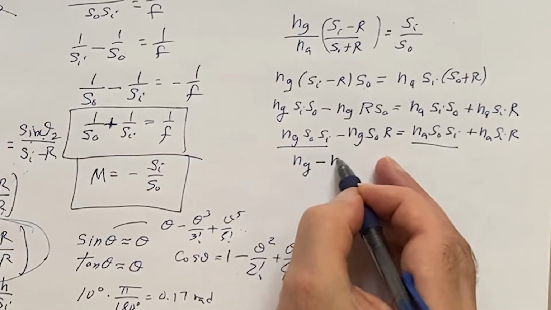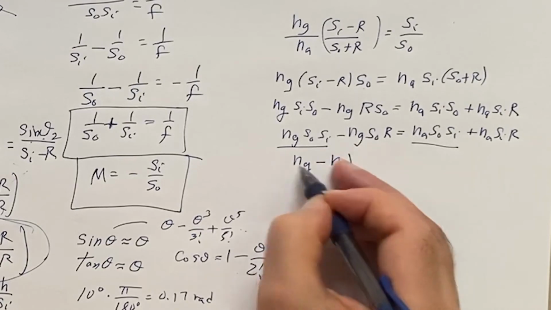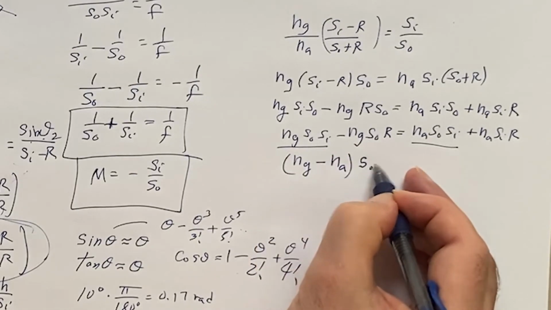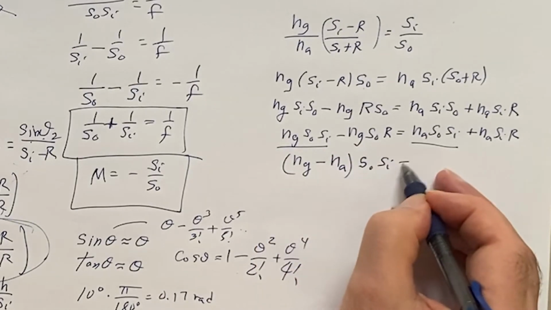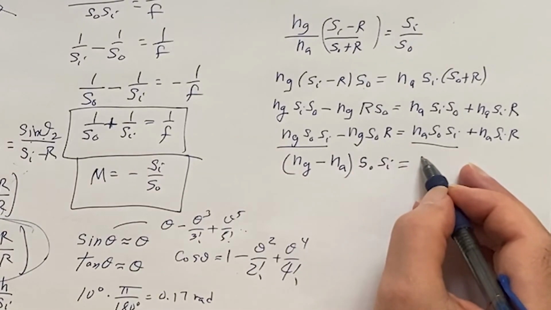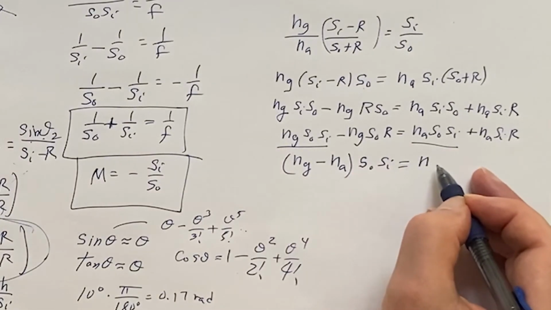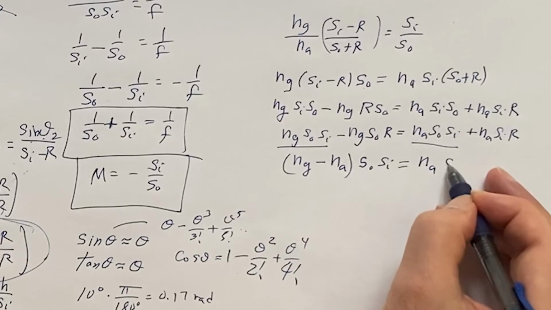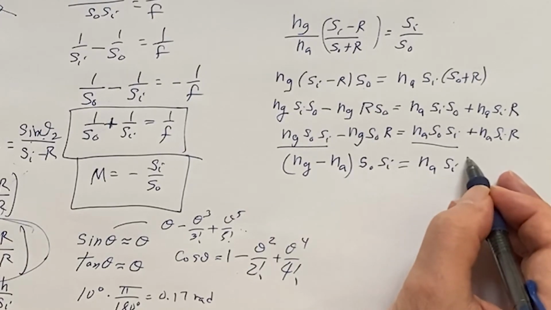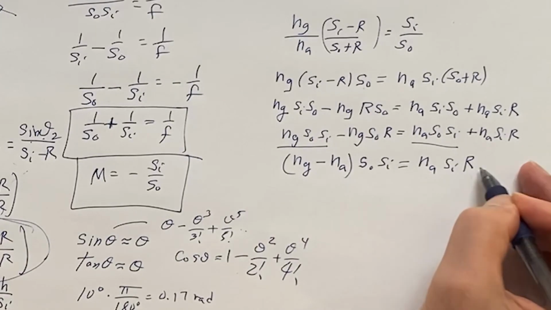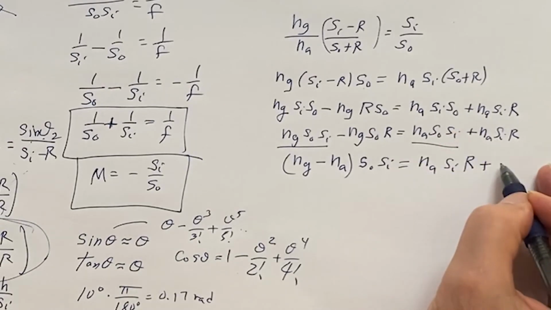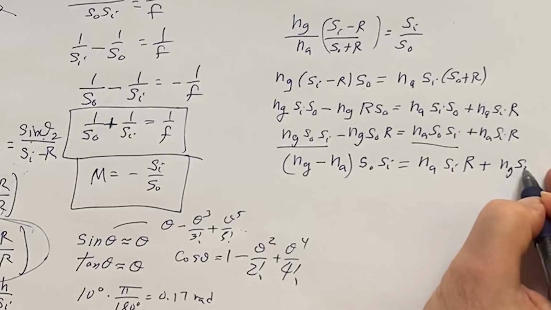So that's Ng minus Na, So Si, and then bring this on the other side of the equation. So I have here this one with the R plus Ng So with the R.